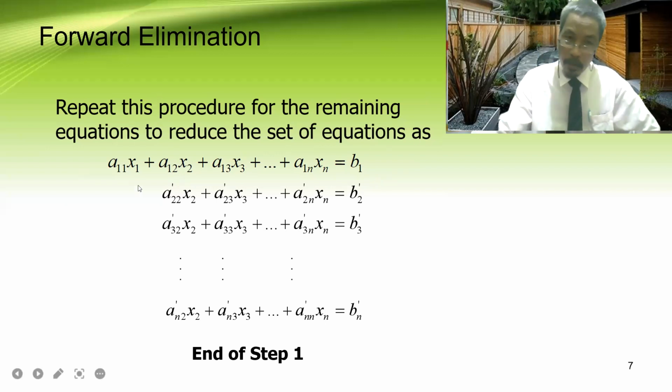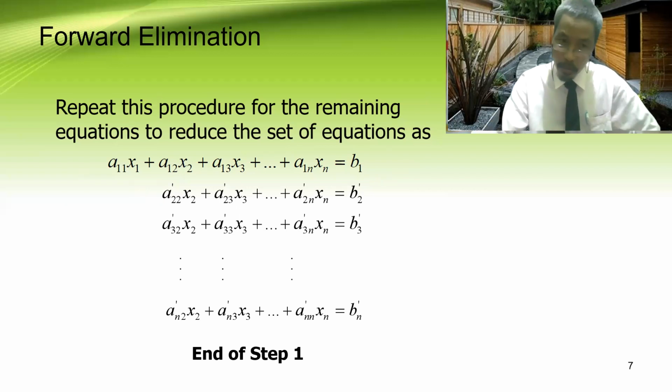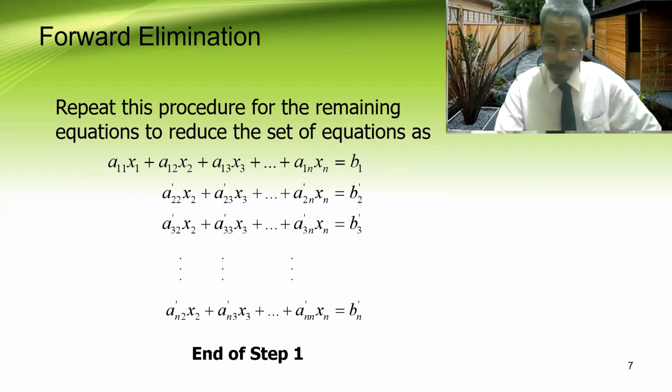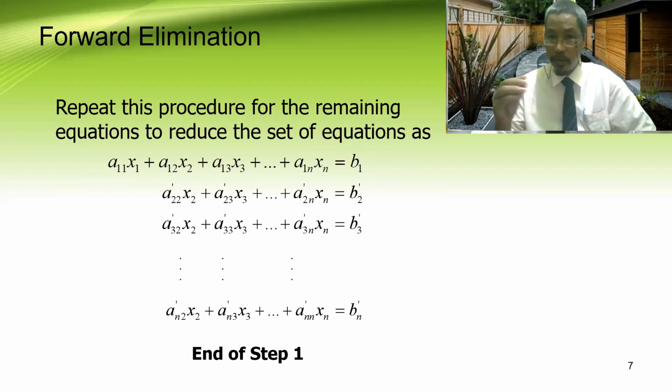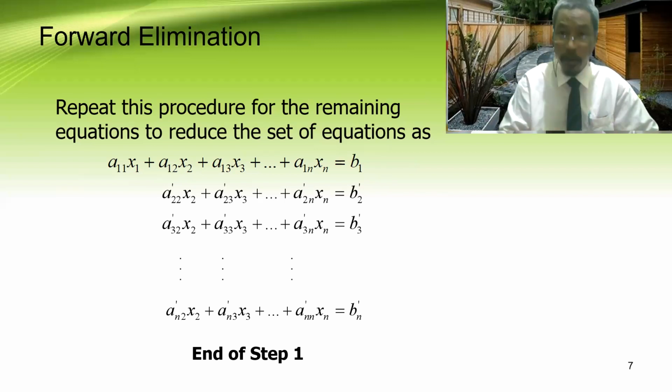For the rest of the equations, we will eliminate x1. We don't actually eliminate x1 technically, but we manipulate the equation in such a way that the coefficient of the first term will all equal 0.